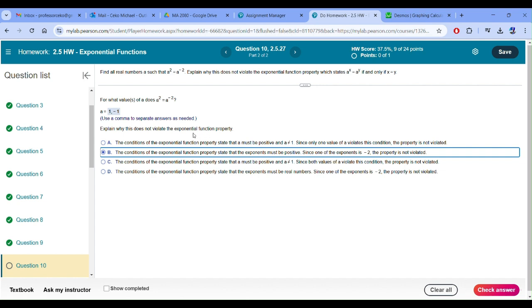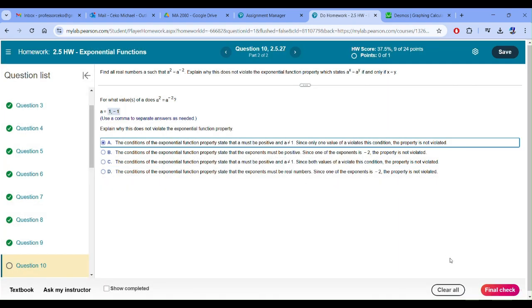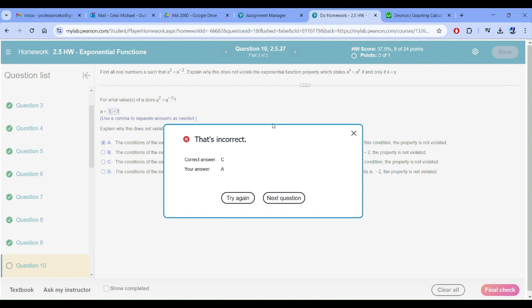Why does this not violate the exponential function? The conditions of the exponential function property state that a must be positive and a cannot be equal to 1. No. The conditions state that the exponents must be positive. Nope. Yep, they must be real numbers. No. C, what does C say?